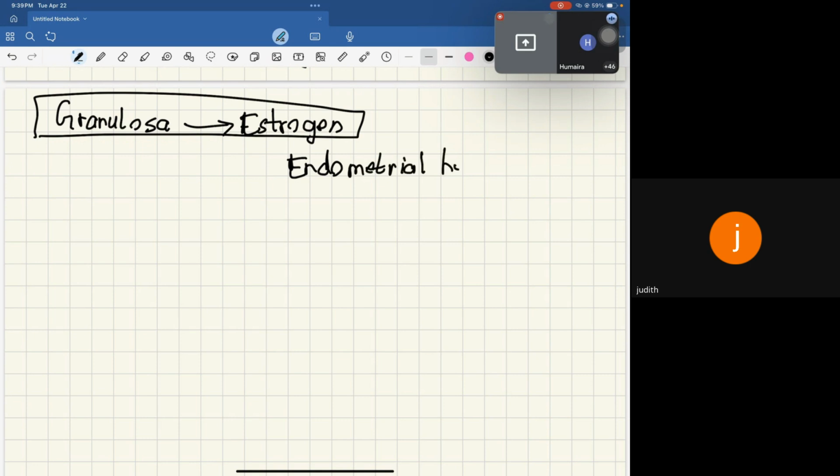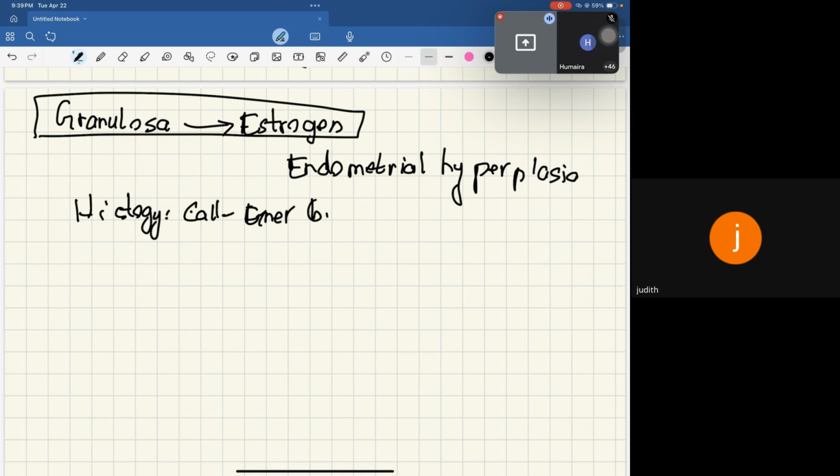So whenever a patient with a granulosa cell tumor comes, the histology will show Call-Exner bodies. And inhibin will be produced, because inhibin is produced by the granulosa cells. So whenever that is present, you need to do a biopsy of the endometrium as well to rule out endometrial cancer.